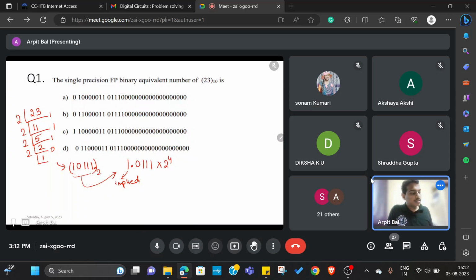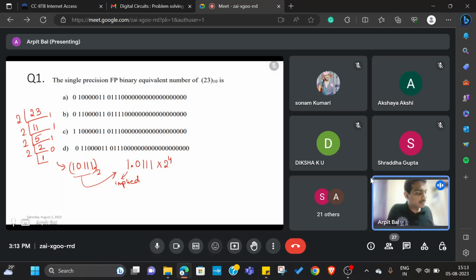In the IEEE single precision floating point representation, in the significand field we just write the portion excluding the implied one.